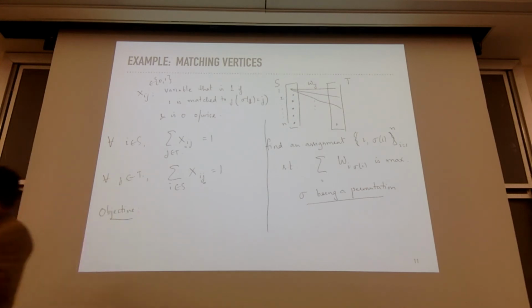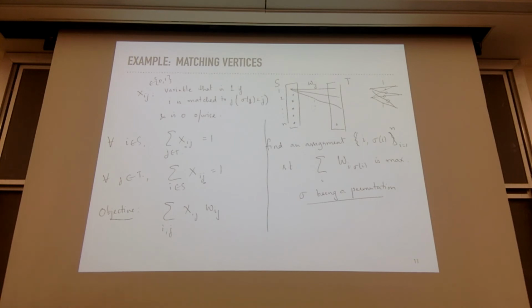So a valid solution to this would be something like this is 1, this is 0, this is 0, and maybe this is 1, this is 0, this is 0, and so on. Right? We could just sum over all i's and j's multiplying x i j. Exactly. Yeah. So you can just say the sum over all edges of x i j times w i j.